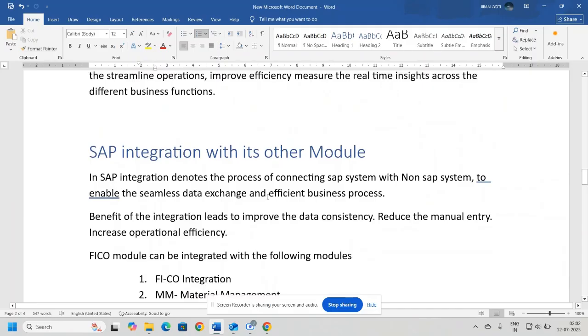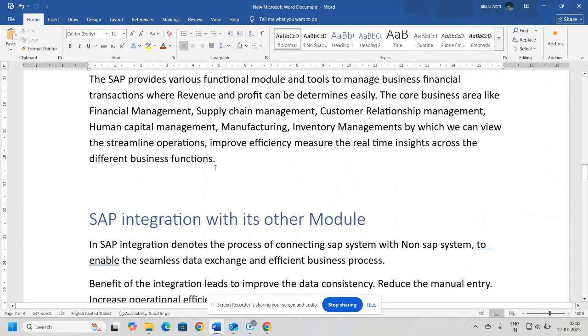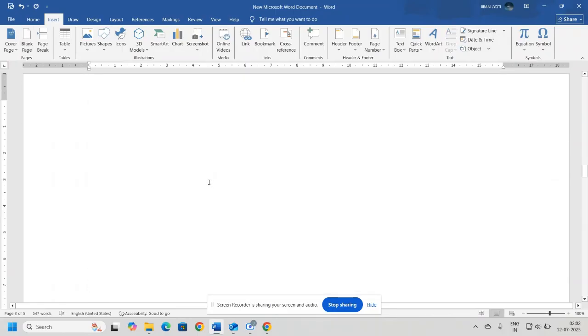Now I'm just taking one slide more to discuss the other functionalities and core activities, and the database theory of SAP, and how it works in real-time business.